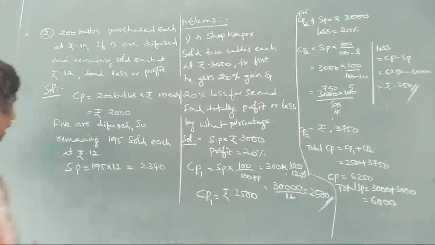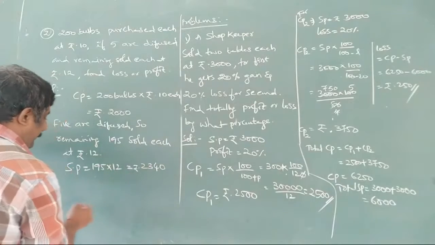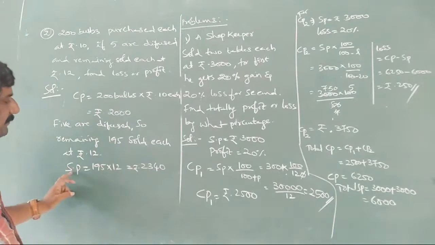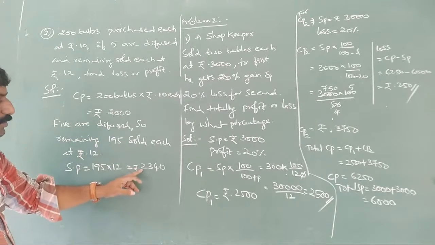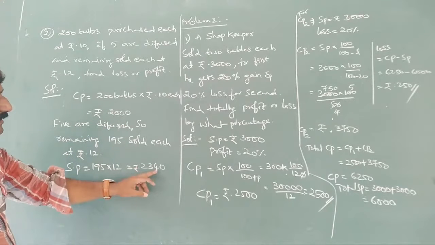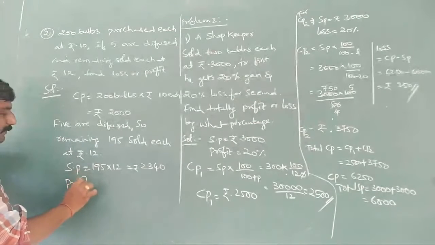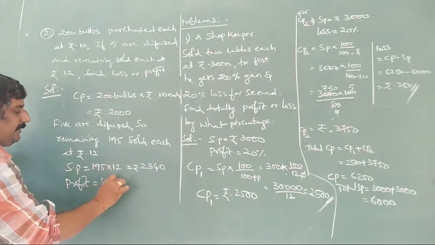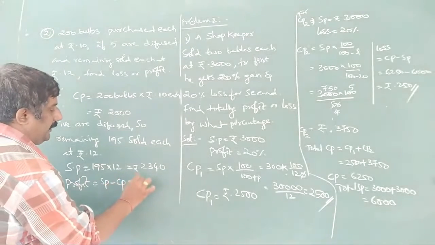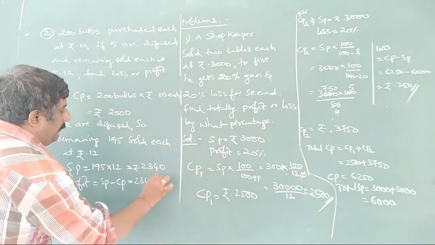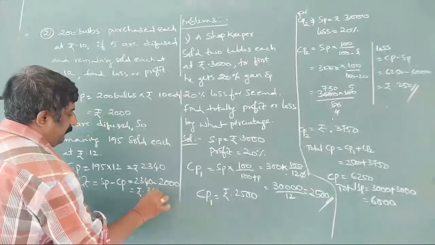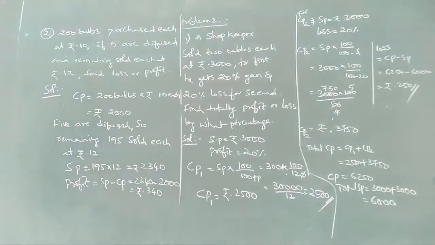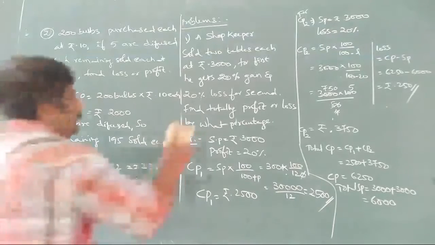Rupees 2340 is SP. Which is more here? SP is 2340 and CP is 2000. Which is more? 2340 is more. For profit, what formula do we write? SP minus CP, nothing but 2340 minus 2000 is nothing but 340. Now, how to find the profit percentage here?